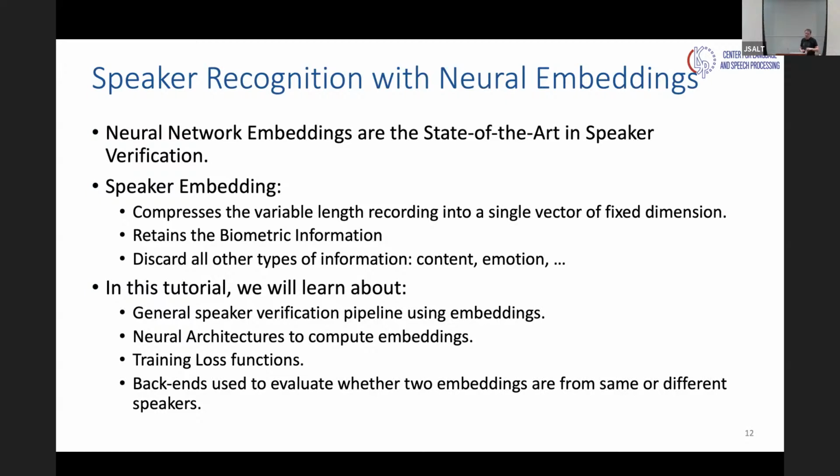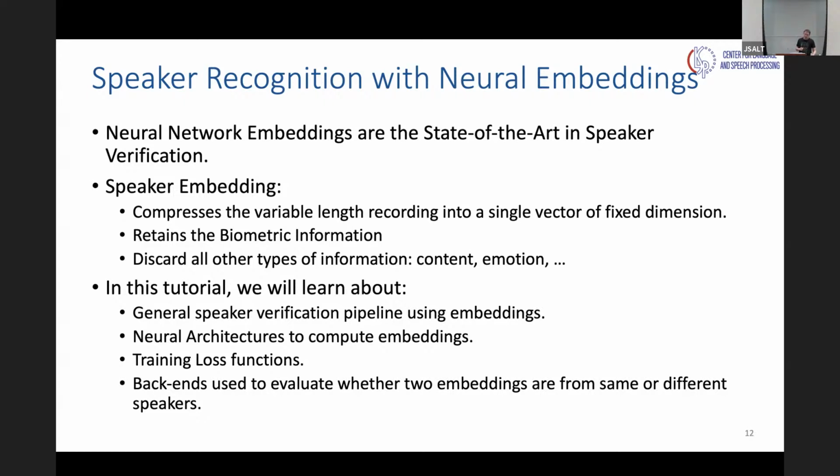So in this tutorial, we are going to focus on speaker recognition with neural embeddings, since neural network embeddings are the state of the art for speaker verification. A speaker embedding is a fixed-length vector that compresses all the information in a variable length recording, retaining all the biometric information and discarding other types of information, like what the person is saying or the person's emotion.